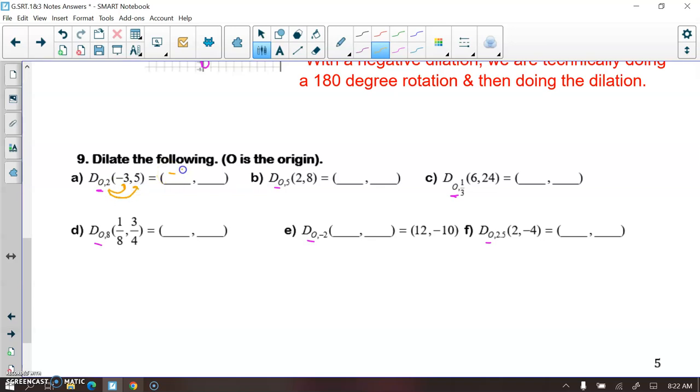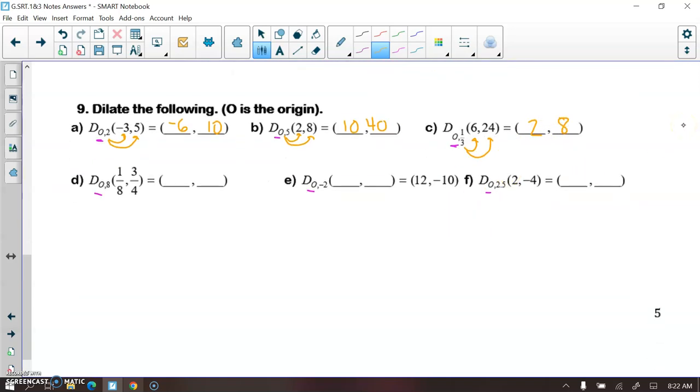So I get (-6, 10). For letter B, I multiply the 2 by the 5 and the 8 by the 5. So I wind up with (10, 40) after that dilation. For the next one, I multiply my x and y value by my scale factor of 1/3 to get my dilation.